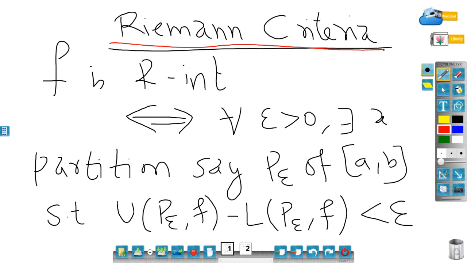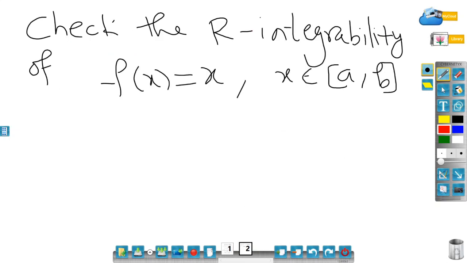So to show a function is R integrable, I will find a partition in such a way that the upper sum minus the lower sum is less than epsilon with respect to that partition. If I could do that, then I will straight away say that my function is R integrable because of the Riemann criteria.